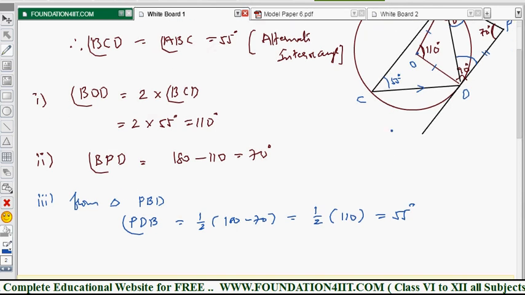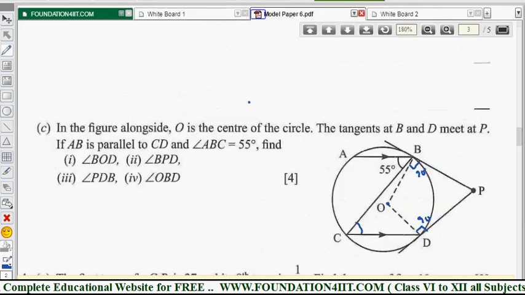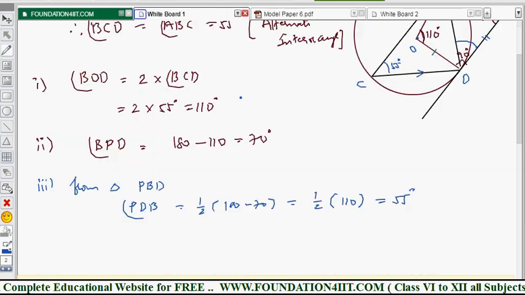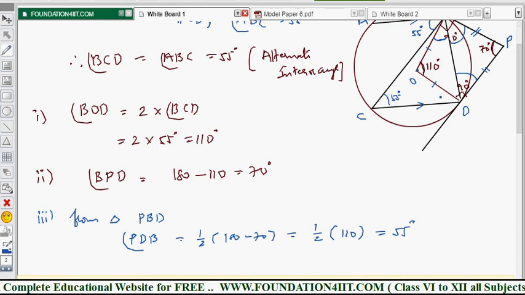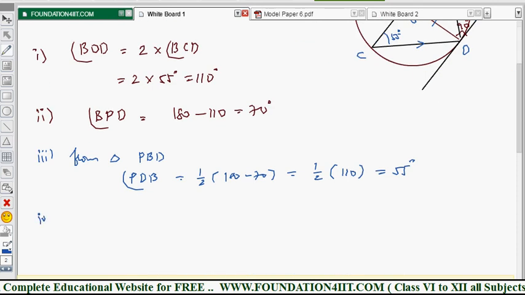It's simple. And one more, angle OBD. So this is OBD. Now the same, but on the other side. Now triangle OBD. So this is also the same as this, half of 180 minus 110. Angle OBD, similarly this also you can take.